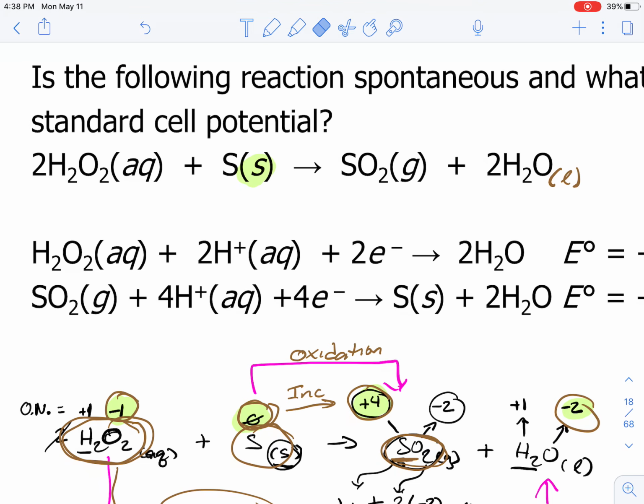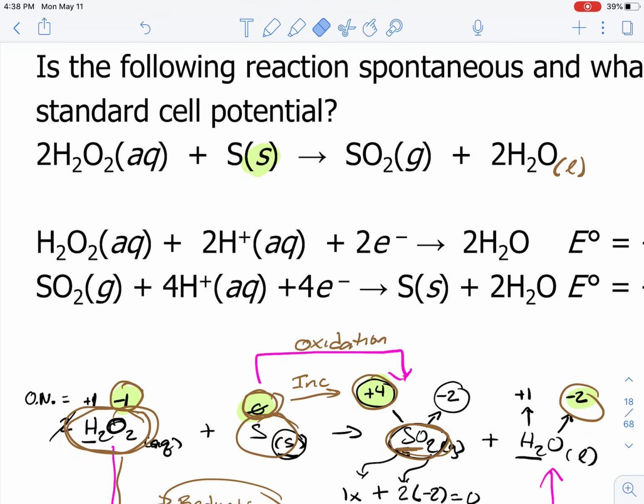And so for these more complex chemical reactions in which there are no two metallic elements that are solid in state, writing this cell notation is out of the scope for these types of chemical reactions.